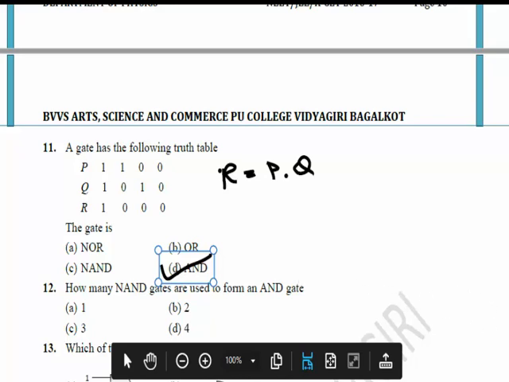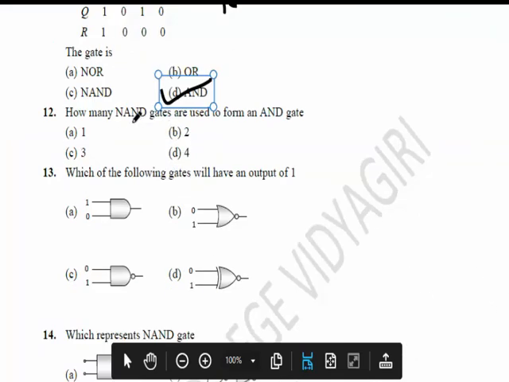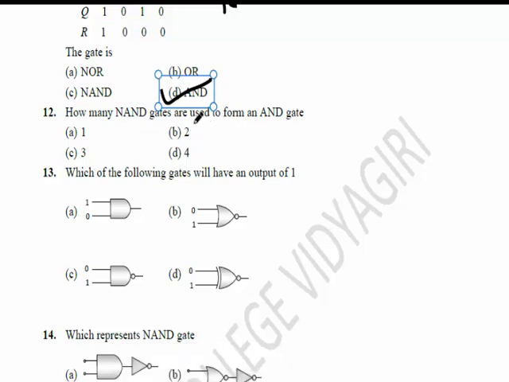So next question, 12th one. How many NAND gates are used to form one AND gate? So the correct option is 2. 2 NAND gates will make one AND gate.